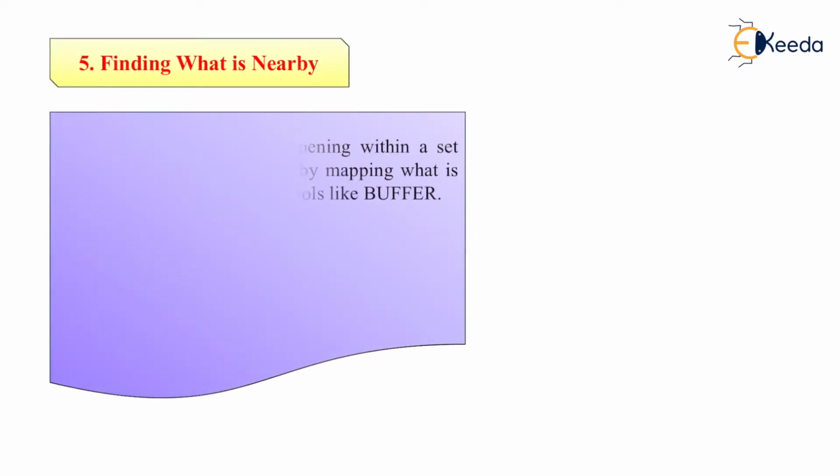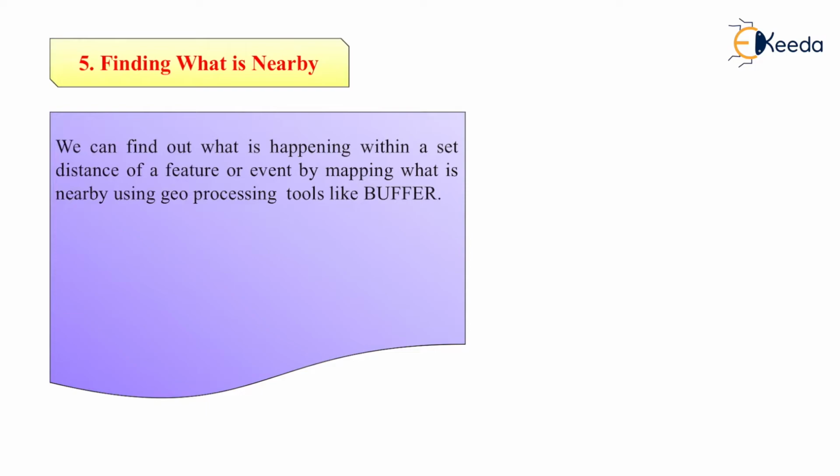Then finding what is nearby. We use GIS to find out what is nearby. For example, if we have to construct an airport or metro lines, by using GIS we can find out the surrounding area. We can find out what is happening within a set distance of a feature or event by mapping the nearby area using a geoprocessing tool like buffer.